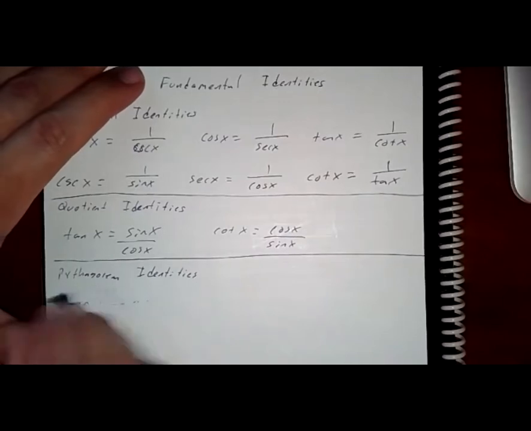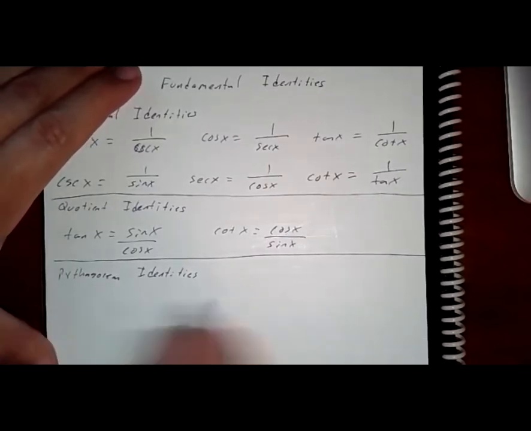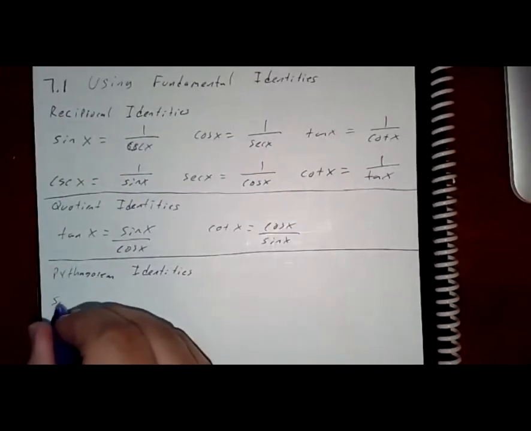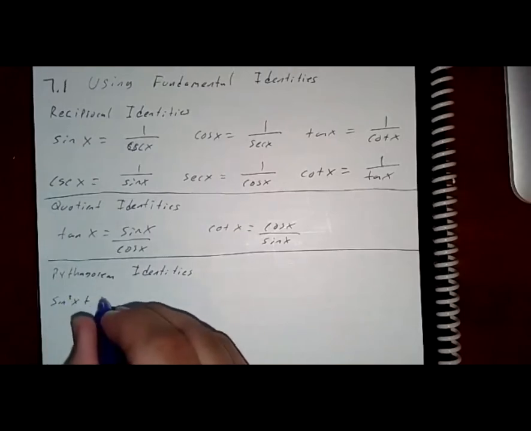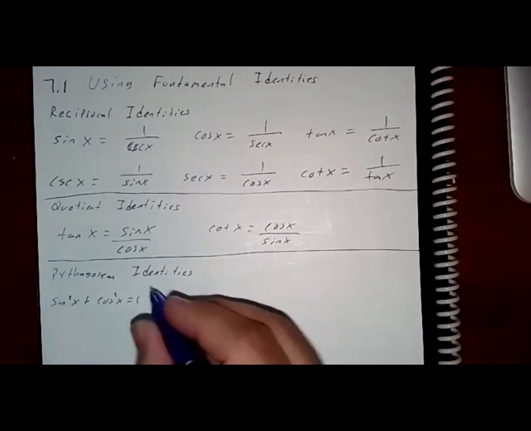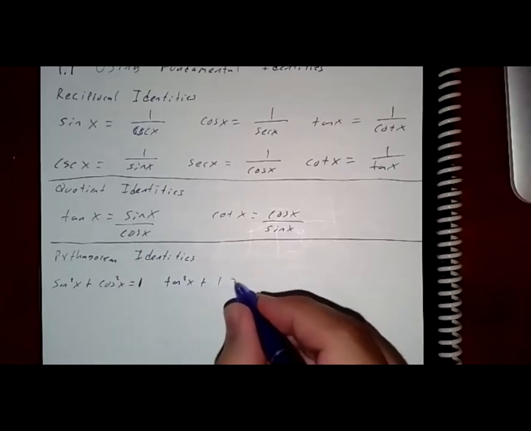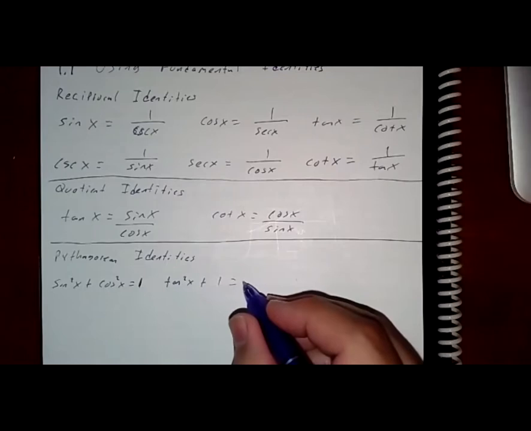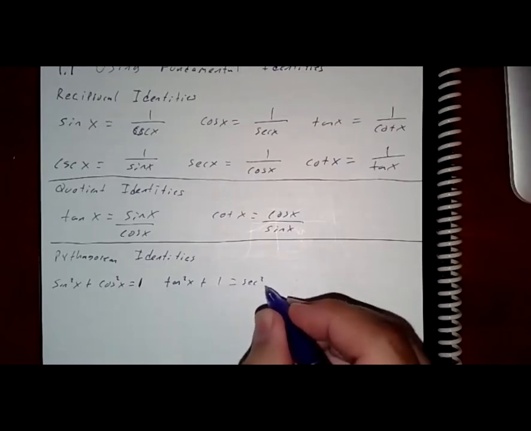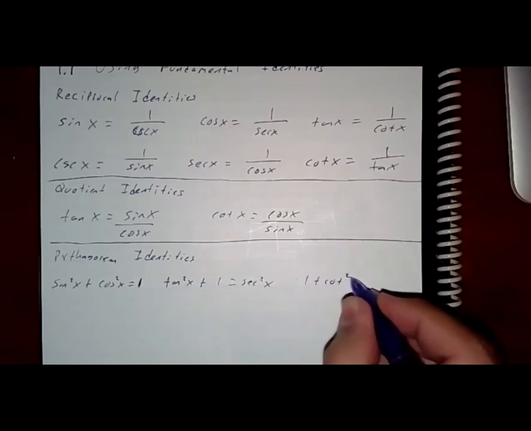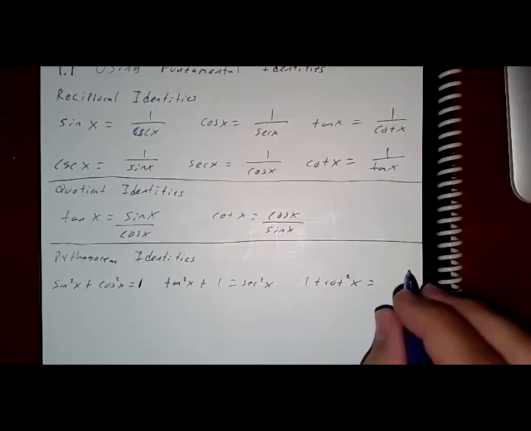Divide by cosine, we get tangent squared x plus 1 equal to secant squared x. Divided by sine, we get 1 plus cotangent squared x equal to cosecant squared x.